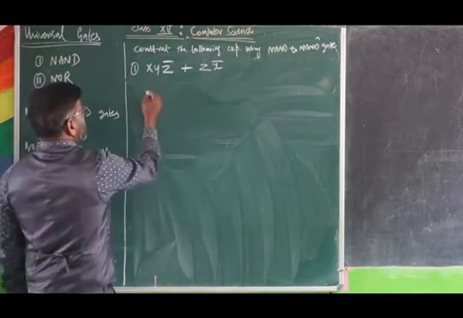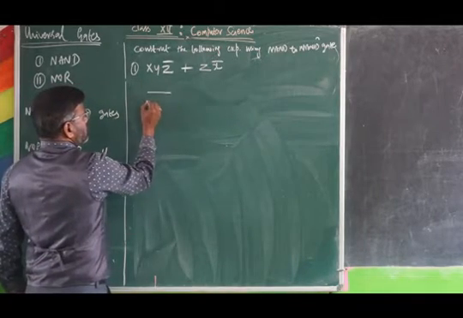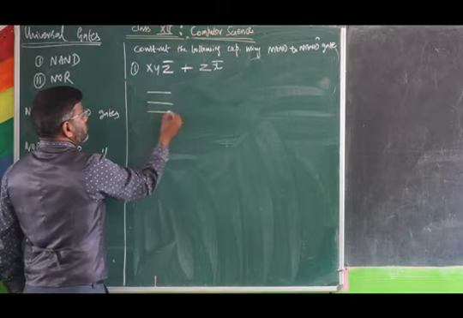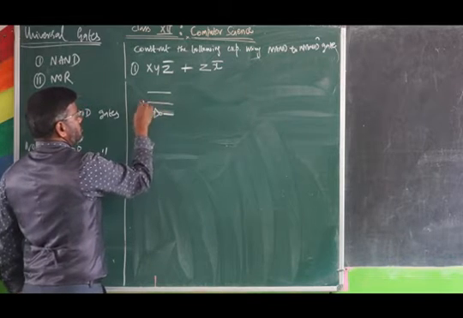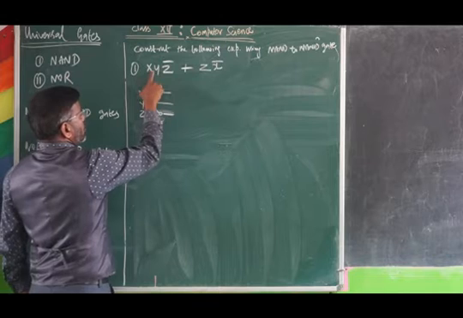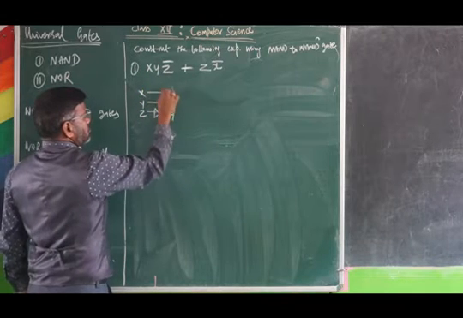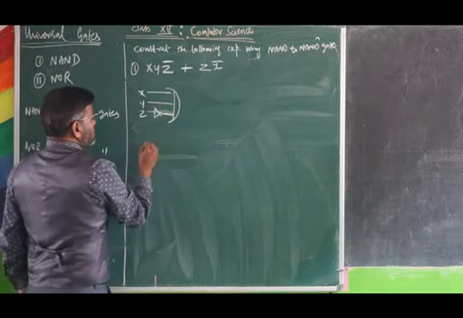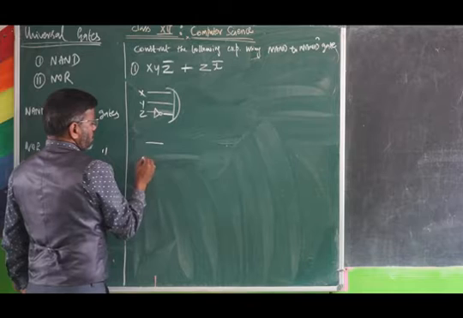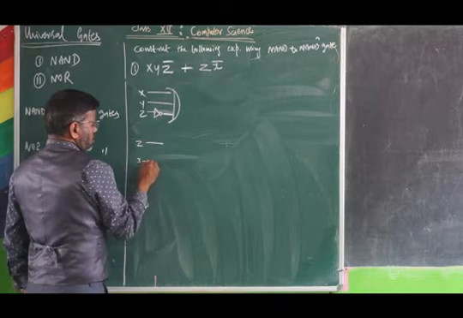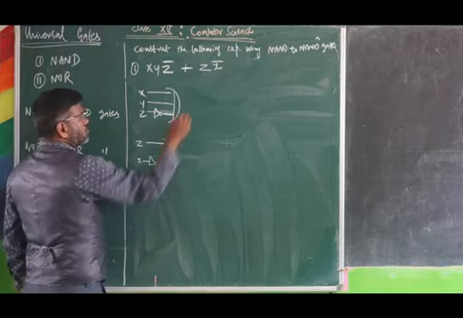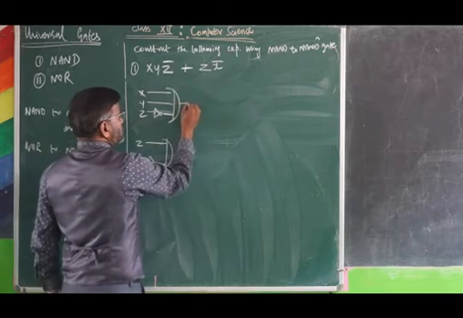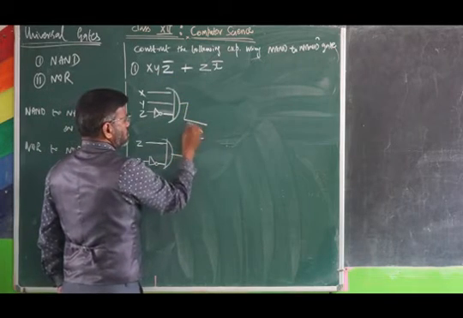The simple expression goes like this. This is the input x, this is the input y, and this is input z. All are connected by an AND operator. Similarly, this is z and this is x complement, both are connected by an AND gate.